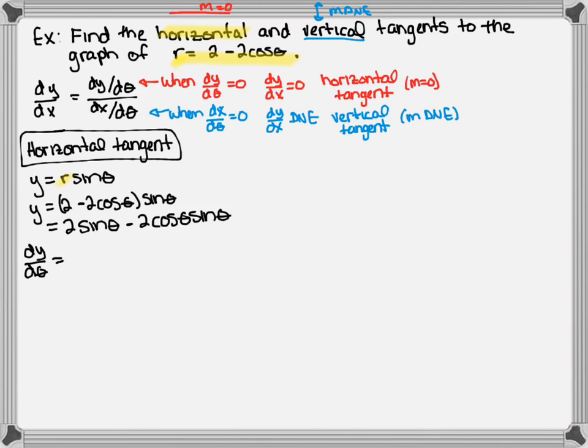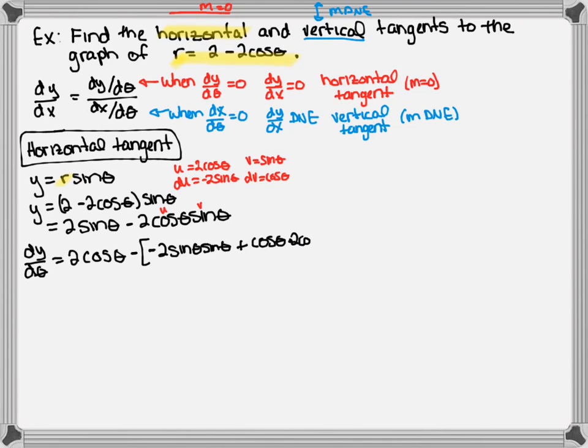The derivative of 2 sine theta would be 2 cosine theta. To find the derivative of 2 cosine theta sine theta, we're going to have to use the product rule. It's going to be the derivative of u times v plus the derivative of v times u. I'm going to go ahead and distribute the negative.